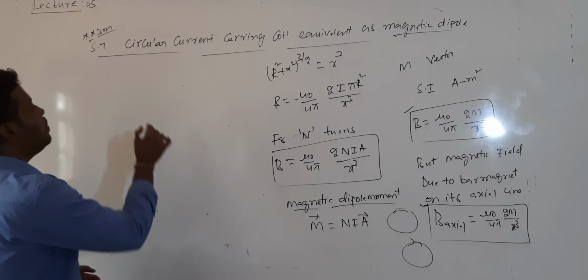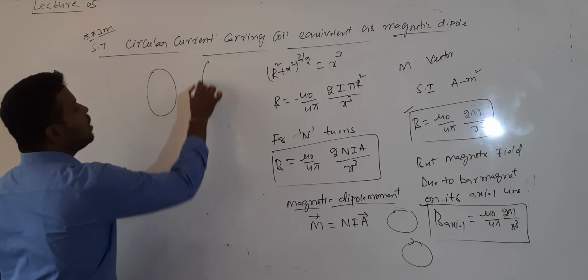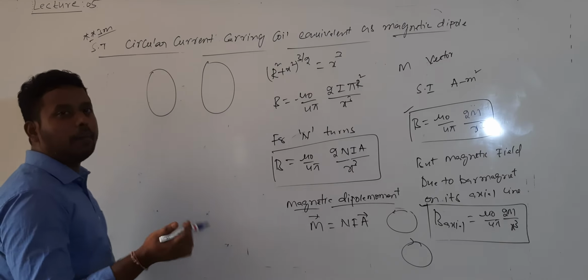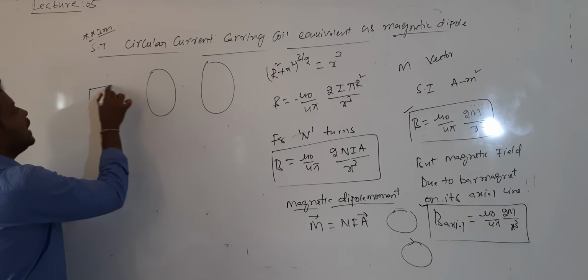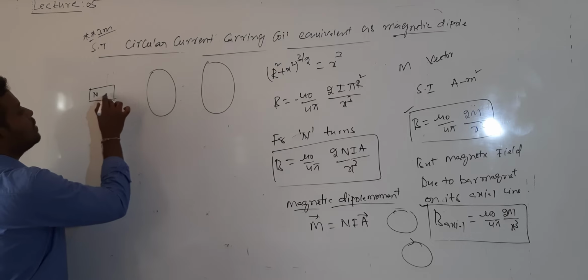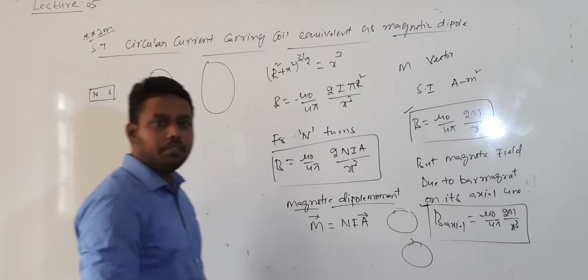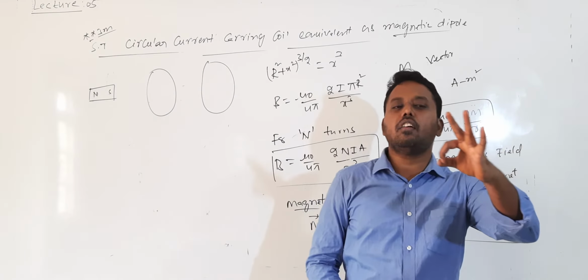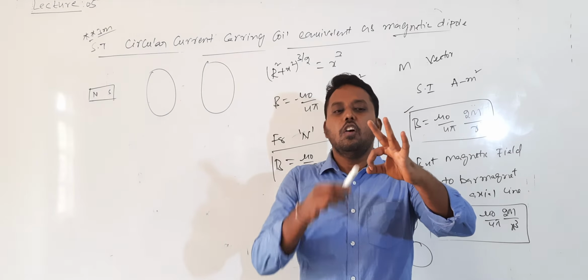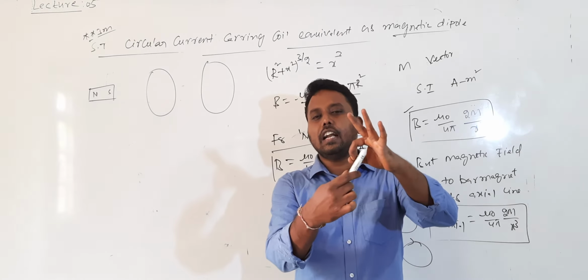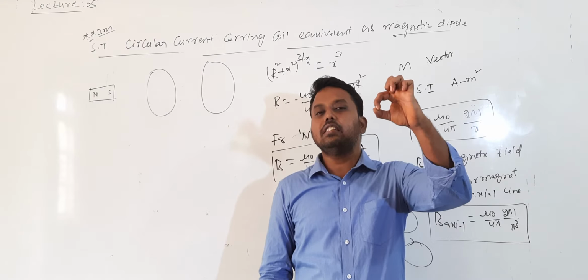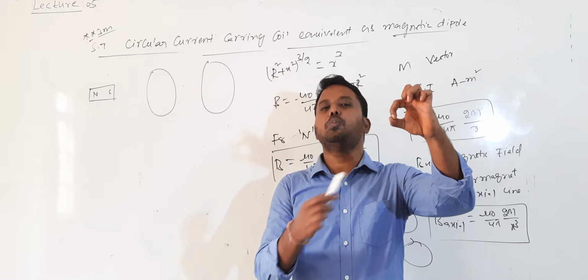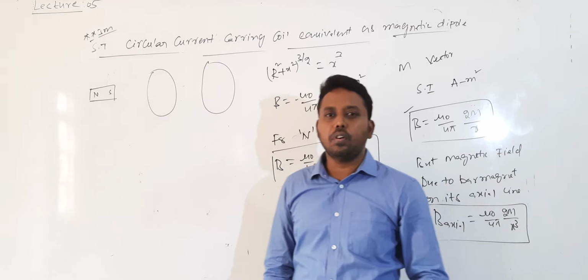Okay. Now what we come to know is that a circular current carrying coil is equivalent to a bar magnet. When I consider a bar magnet, compulsorily two poles are there, north pole and south pole. So when I consider a circular coil, there are two faces. One face towards me, the other face on the other side. So these two faces will act like two poles, north pole or south pole.